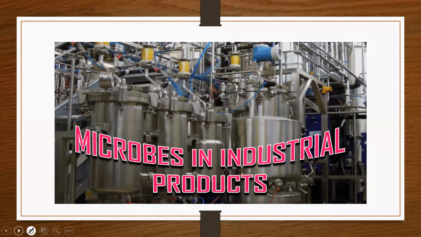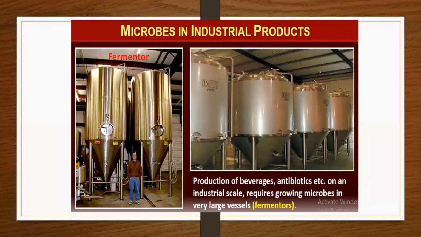Now, next, let us do microbes in industrial products. If you can see over here, these large vessels are known as fermenters. They are used in producing beverages and antibiotics on an industrial scale.